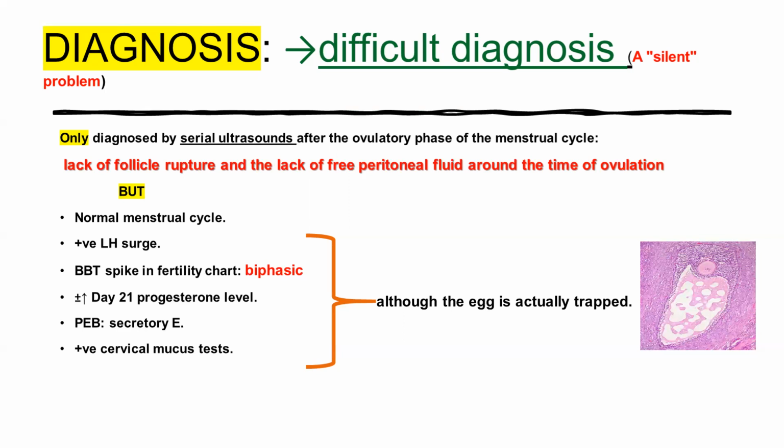But the patient will have a normal menstrual cycle, will have a positive LH surge because the failure to rupture occurs after the LH surge, will have a biphasic basal body temperature chart, will have secretory endometrium in the endometrial biopsy, a positive cervical mucus test, and will sometimes have a high progesterone level in some cases and not so high in other cases, as I already mentioned.